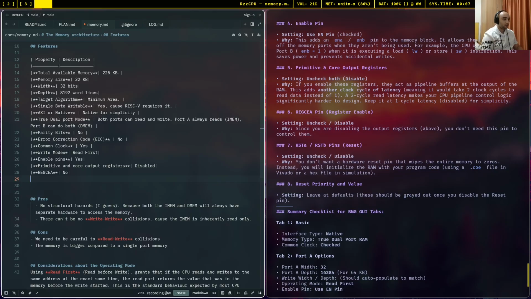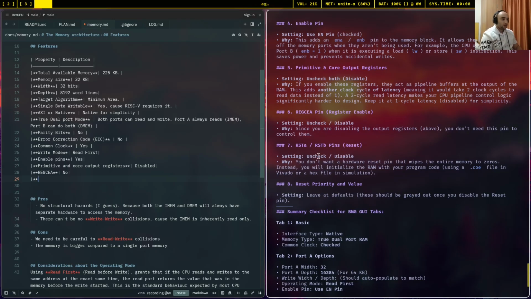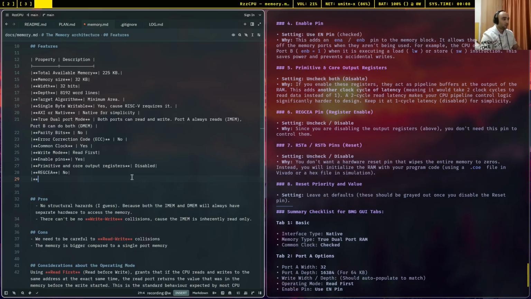No, it's just a reset. I think we need that, right? Uncheck. You don't want a hardware reset pin that wipes the entire memory to zeros. Instead, you initialize the RAM with your program code. Okay, so we don't need a reset pin.